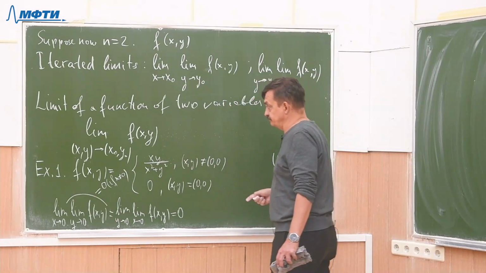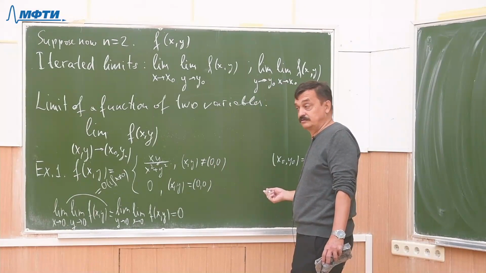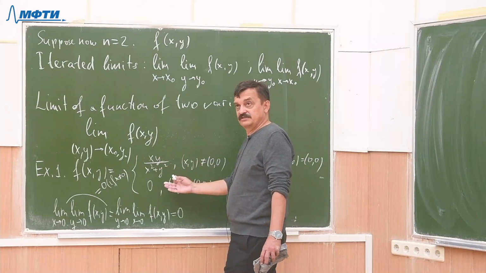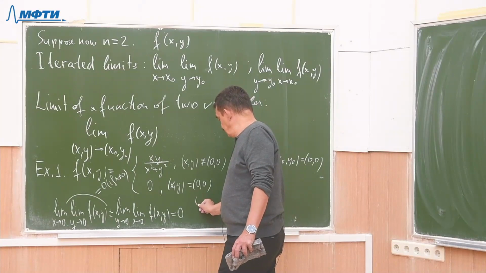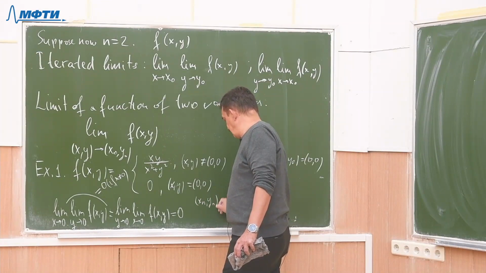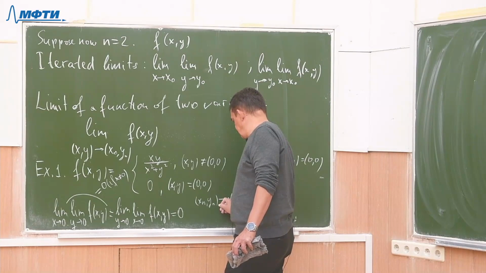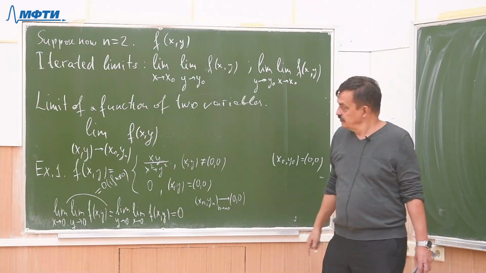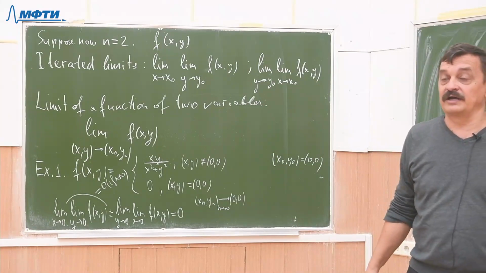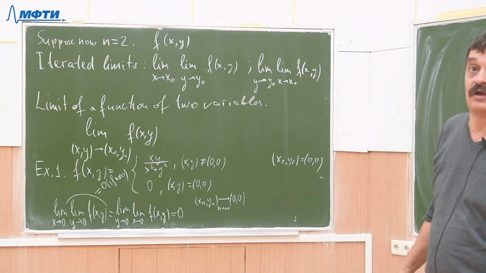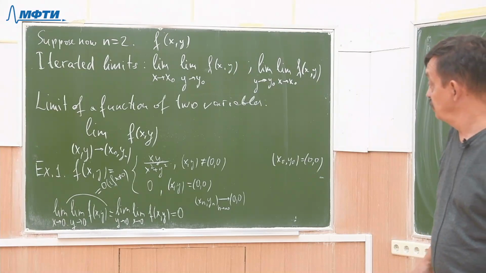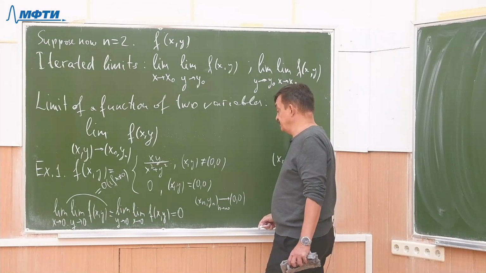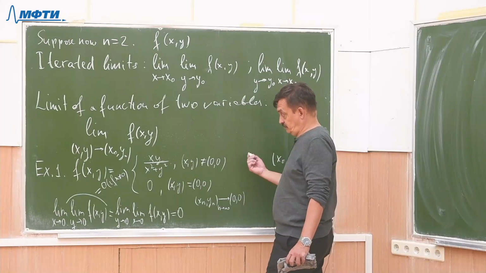Because, for example, by the Heine definition, what does it mean if the limit exists? It means that if we take a sequence xn, yn which tends to 0, 0, and n tends to infinity. Now I can use n because we are in R2. I can choose couples of sequences.